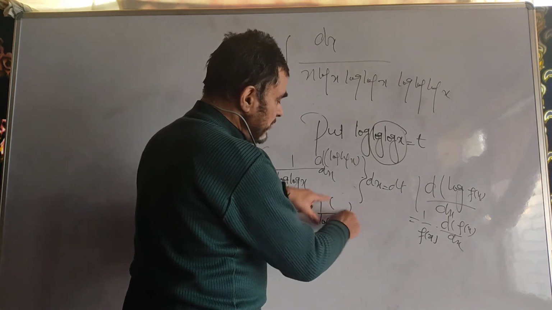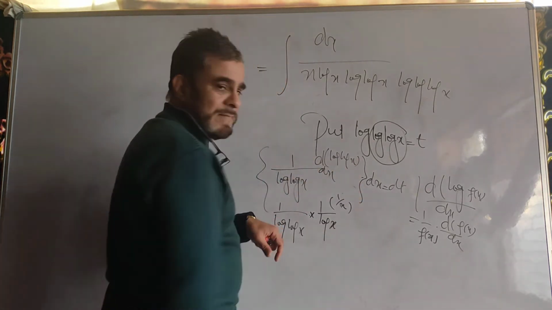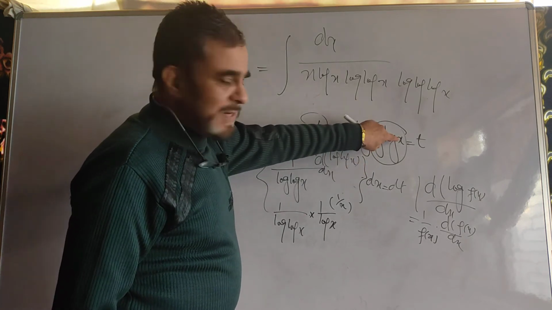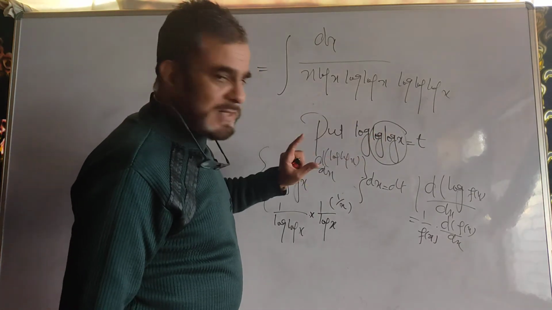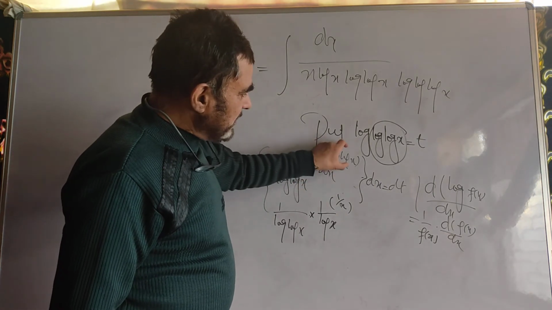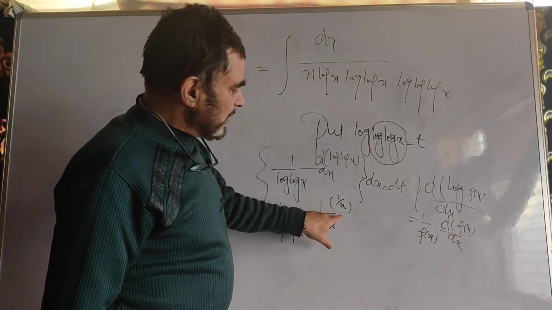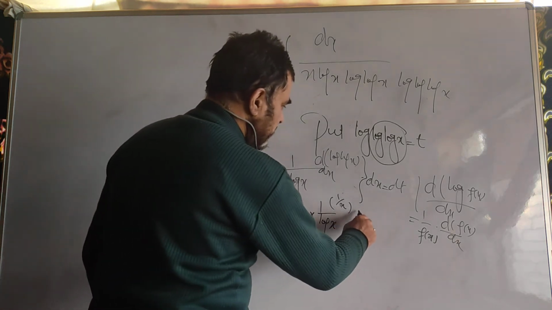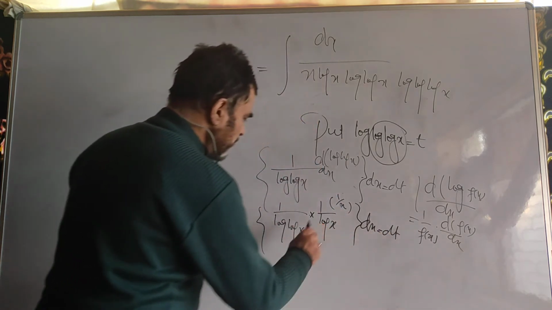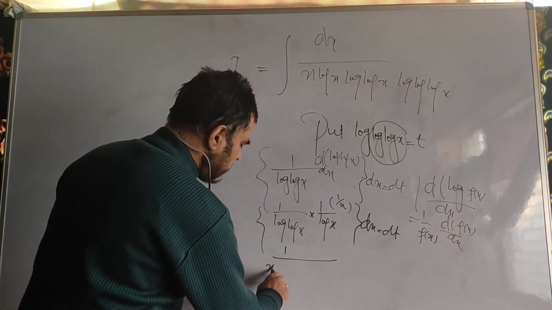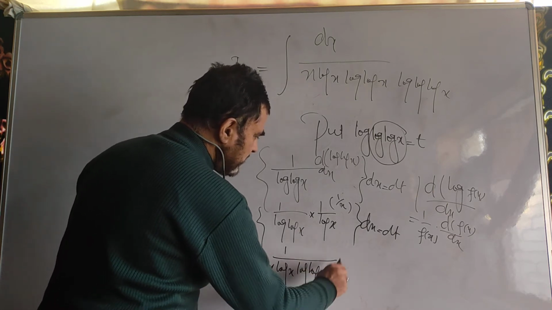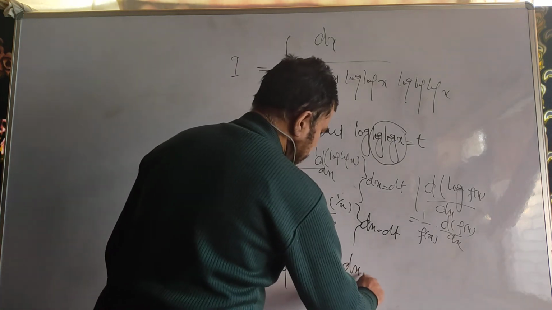Then the derivative of log x in the numerator is 1 by x. Here the log gets cancelled: it is 1 by log x, then the derivative of log x is 1 by x, with respect to x. This is dt. So you get 1 upon x log x into log of log x dx, which is nothing but dt.